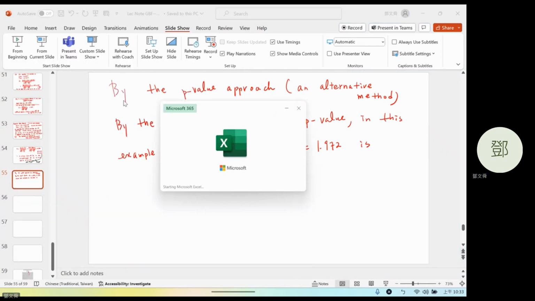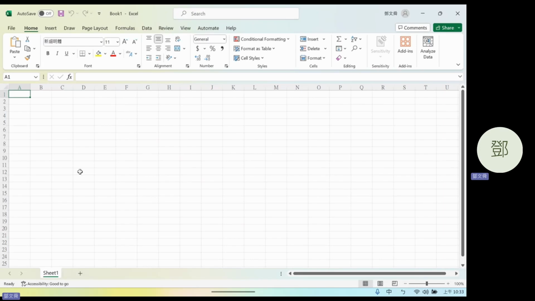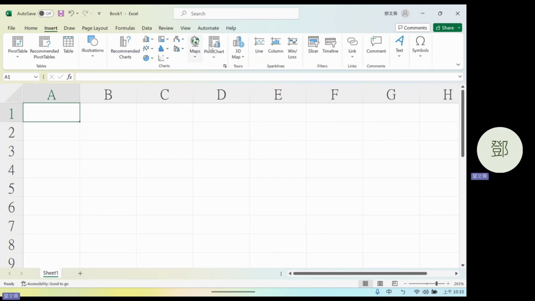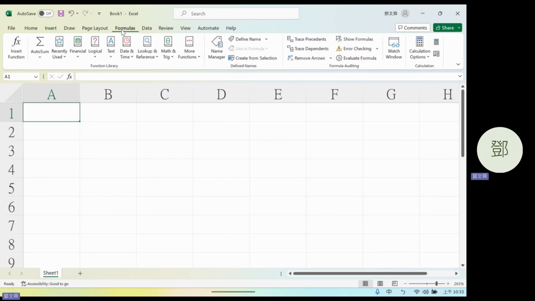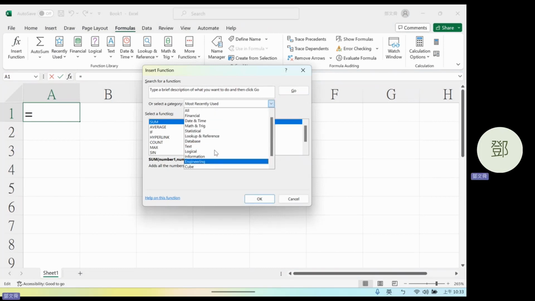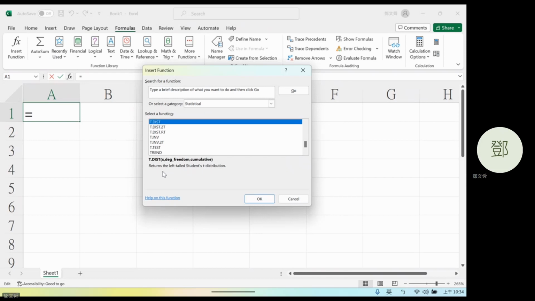Here, let us look for the p-value. Insert function, go to Statistics, and find the t distribution function.